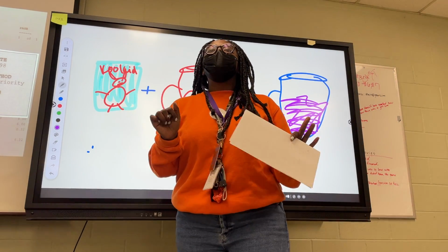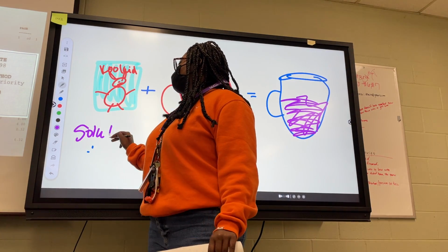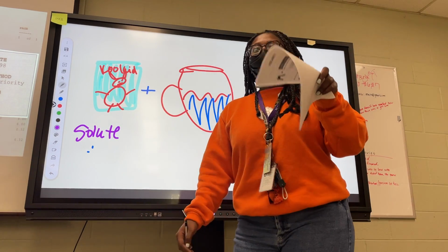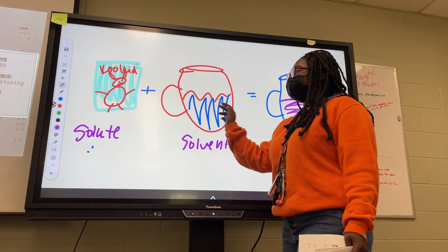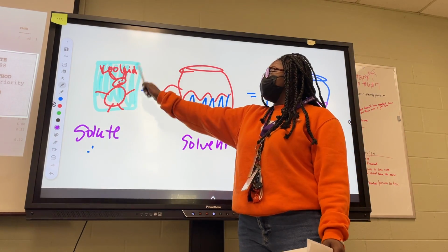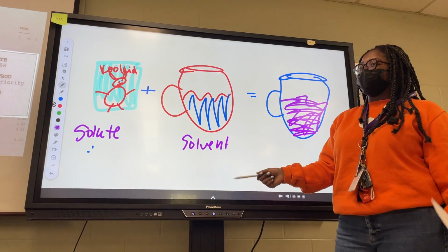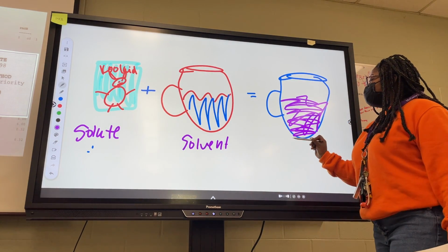Okay, here's the deal. We have some words for this. This is called the solute. It's what you put into the solvent, which is water most of the time. The solute is what you put into the liquid, the aqueous substance, and it makes a solution.